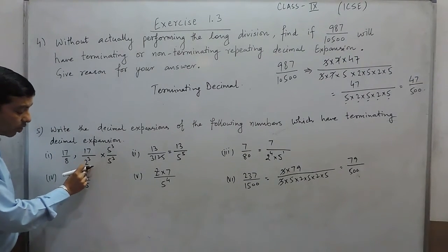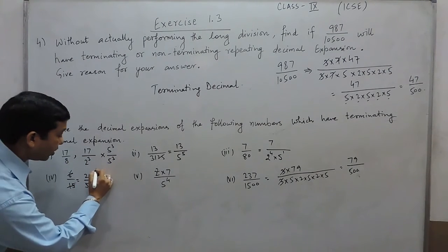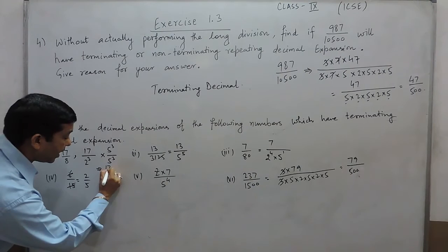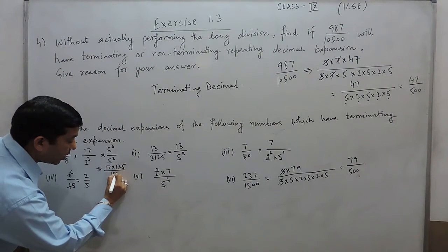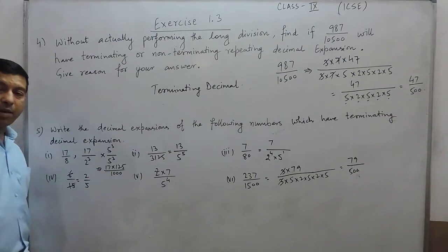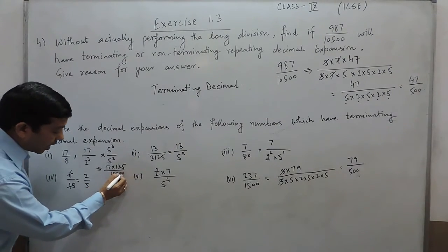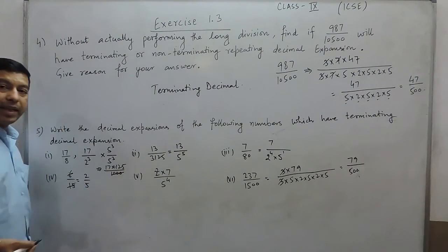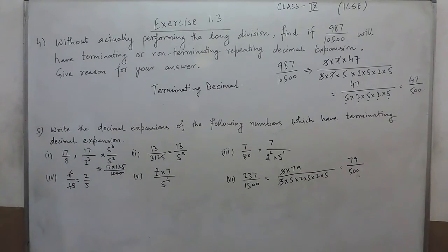So 3 twos and 3 fives will make 3 zeros. So this can be written as 17 into 125 upon 1000. 17 into 125 can be done, and when there is 1000 in the denominator, we cancel it out and put our decimal place here. So we can convert it into the decimal expansion.